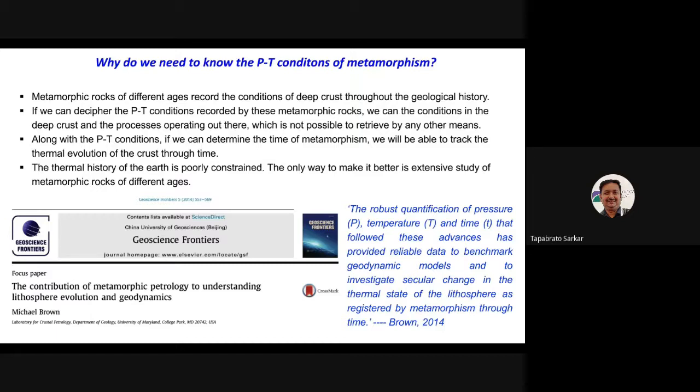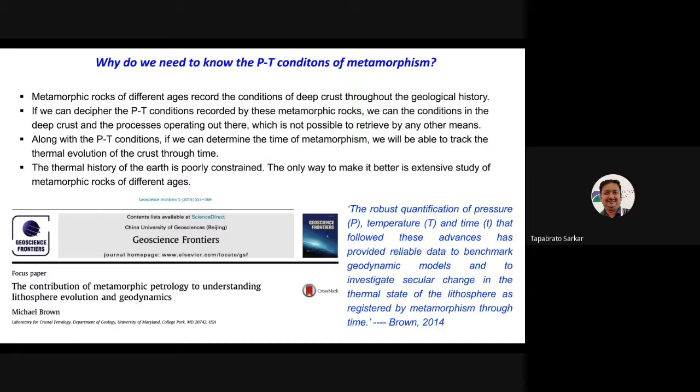Why do we do it? Metamorphic rocks of different ages record the conditions of the deep crust throughout geological history. As we know, the process of metamorphism has been operating throughout geological time.